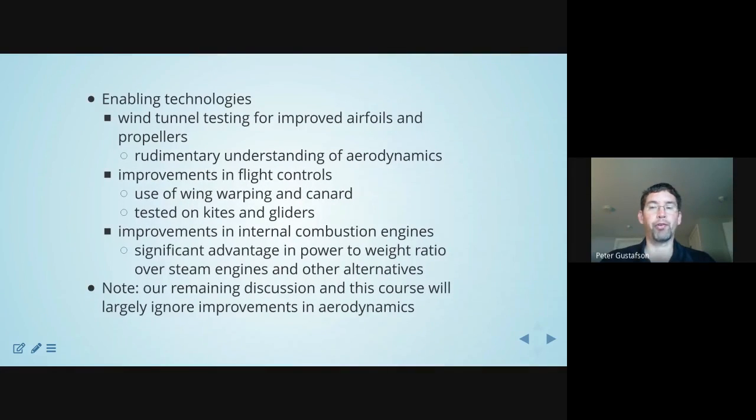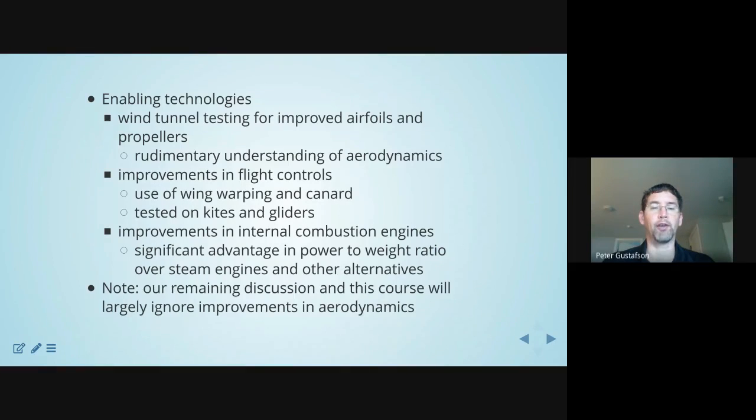So how were the Wright brothers successful where others behind them failed? A few of the items that made them successful were structurally related. Some of them were not. We're not going to spend a lot of time on aerodynamics beyond today's lecture in this class. However, I will mention that one of the things that the Wright brothers did really well that others had not done as well before them was to look at the airfoil and really study it in a wind tunnel.